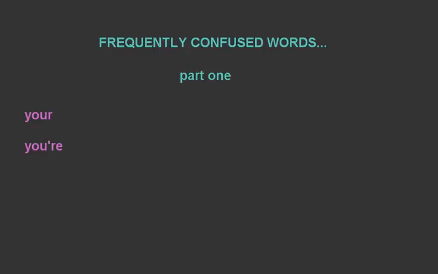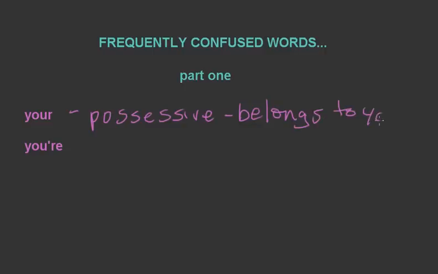The first your means possessive. Something belongs to you. It's your cat, your house, your car. The second one means something entirely different.